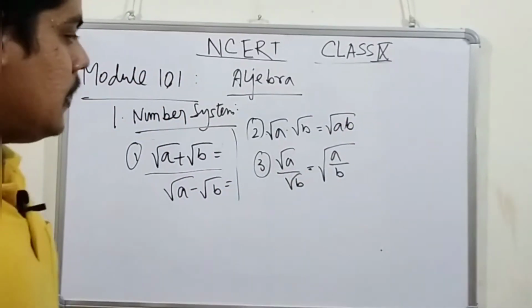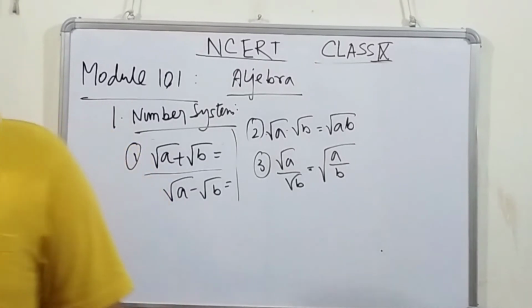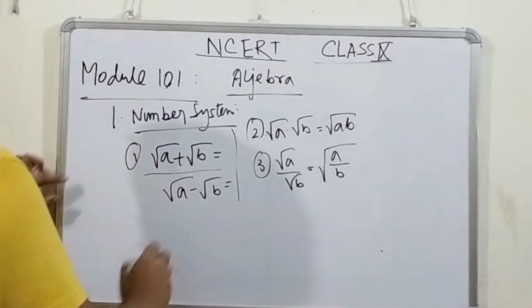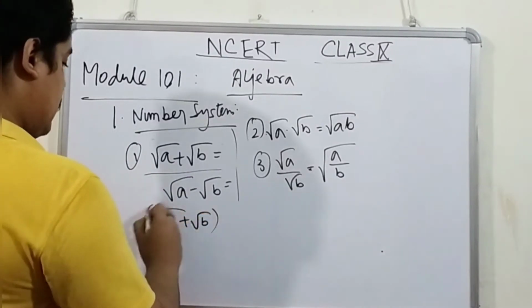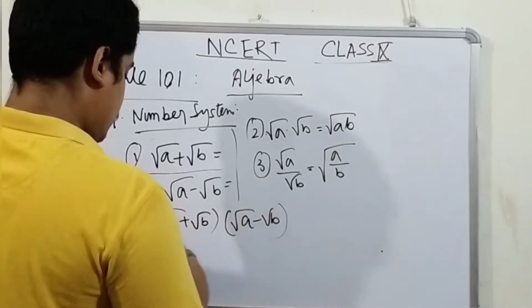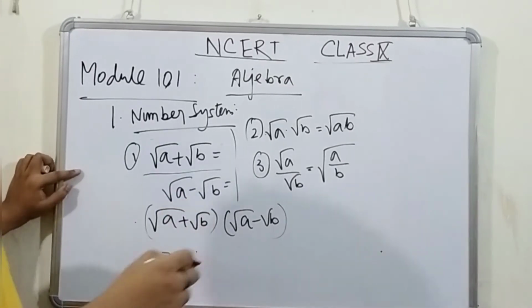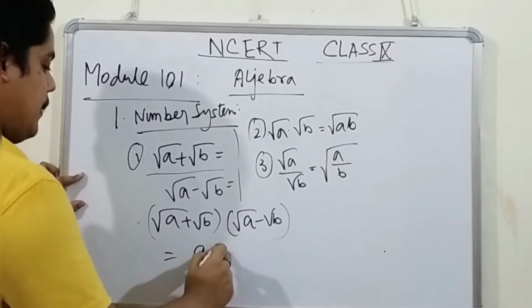That's all. Now some more identities. The first identity is root a plus root b multiplied by root a minus root b. What will it be? This will be the a square minus b square formula. It will apply here and we will get the value a minus b.